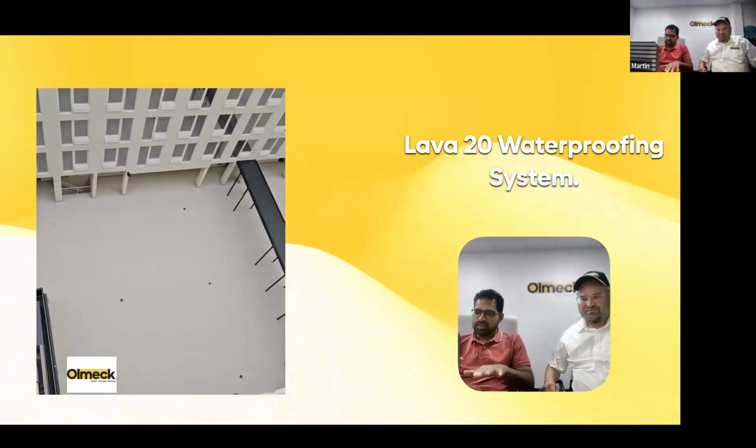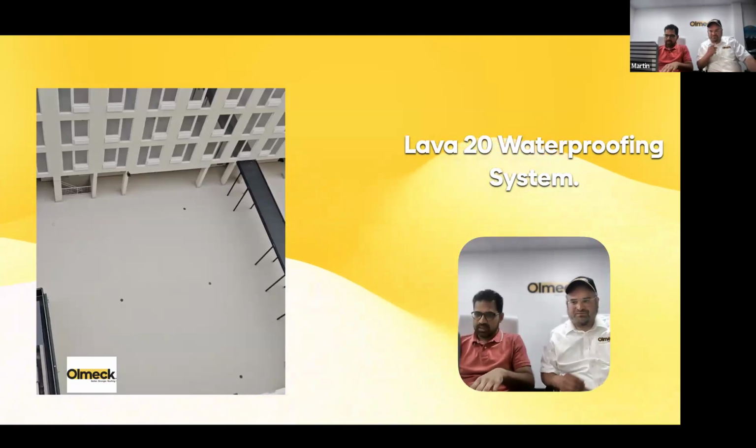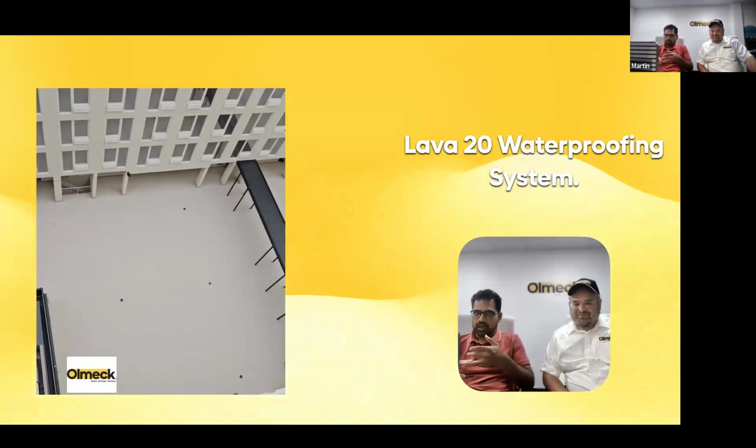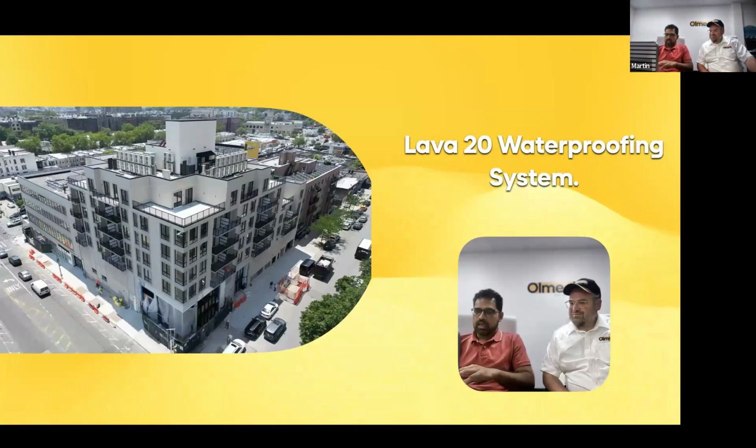So we have basically three different systems. Number one, we have the roofing system, which is the Lava 20, which competes against companies like Sika's polyurethane system. We compete against Kemper's PUR system, which is also a polyurethane system reinforced with fleece.